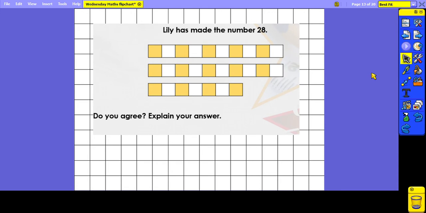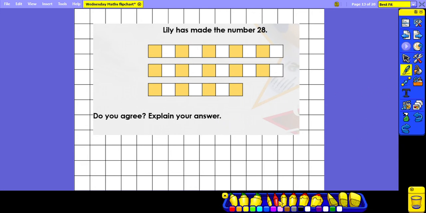Okay, so here Lily has made the number 28, and we can see that she has used some blocks. Do you agree? Explain your answer. So to work out if she has really made the number 28, let's count how many blocks she has got. We need to see how many there is in one of these rows first of all.